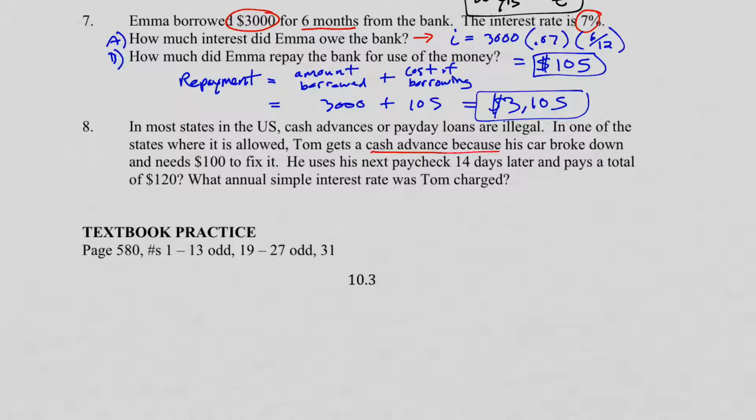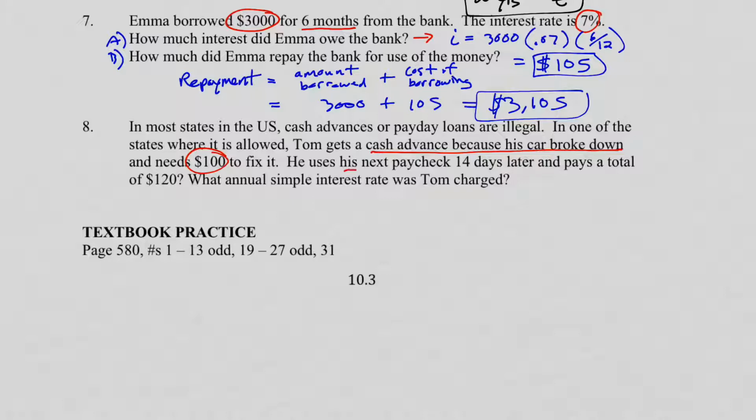So this person has no money, no resources, and needs $100 to fix it. That's an emergency for this person. With no collateral, the company that's going to give him the $100 is going to use his paycheck.